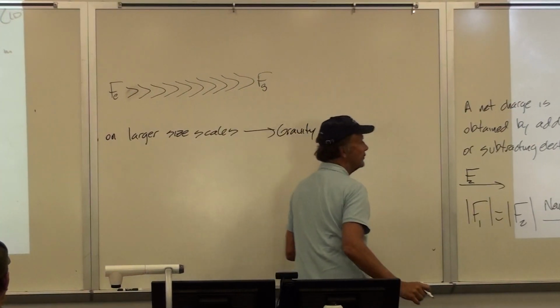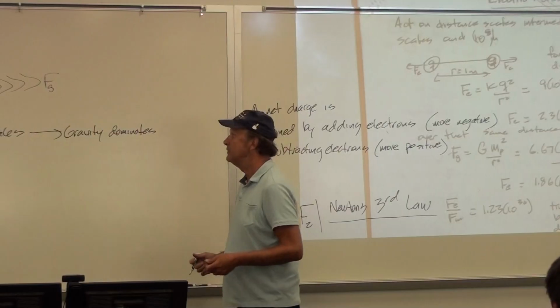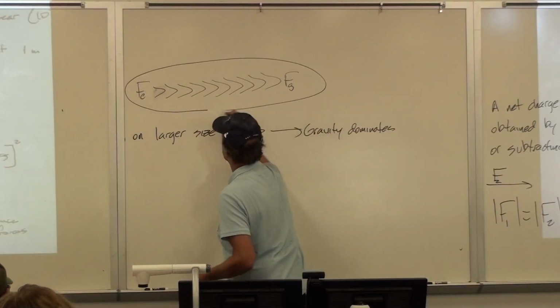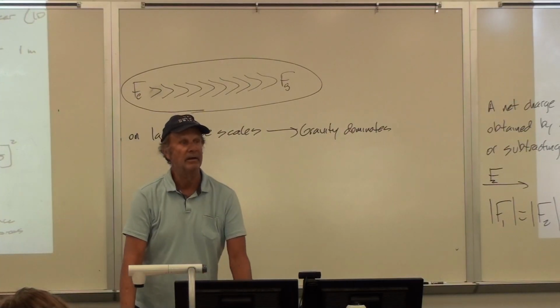So if we want to look at the forces between galaxies, or even the force of the Earth going around the sun, gravity wins. And so how could that be true if the electric forces are so much greater than the gravitational forces, and they both obey the inverse square law?